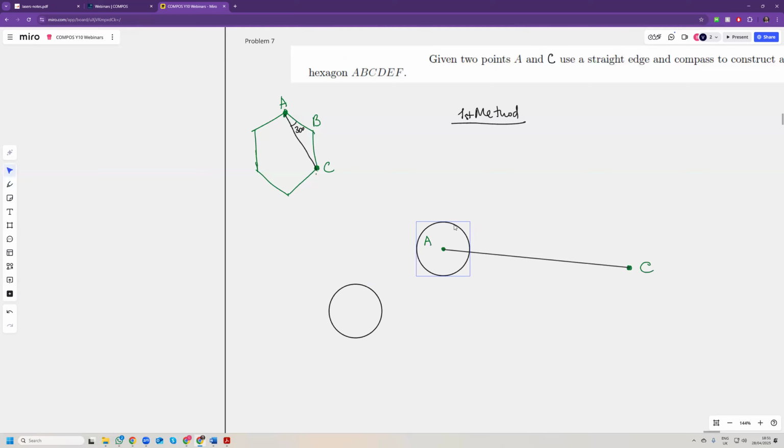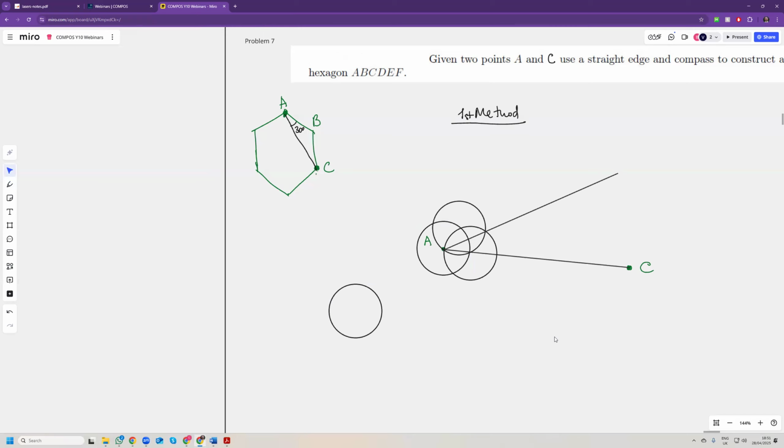So that's circle, circle, circle, and that's my 30-degree angle. Okay.